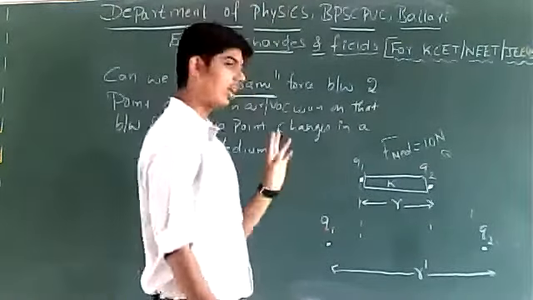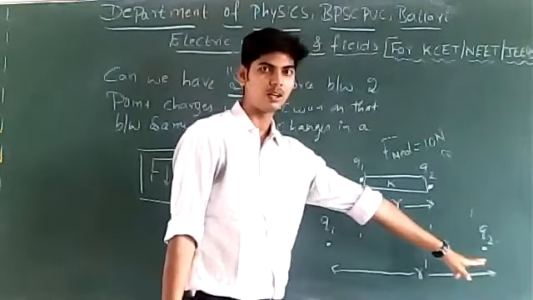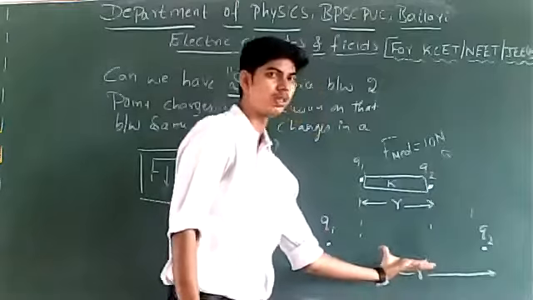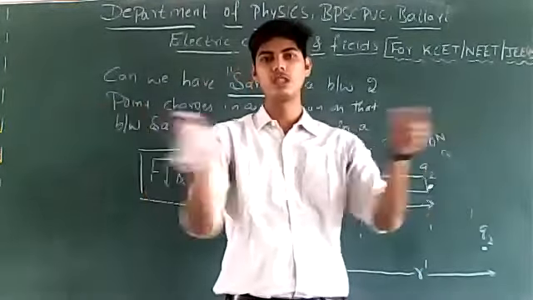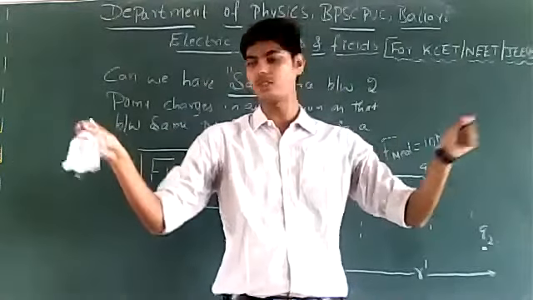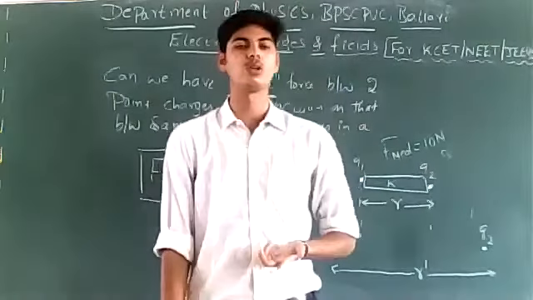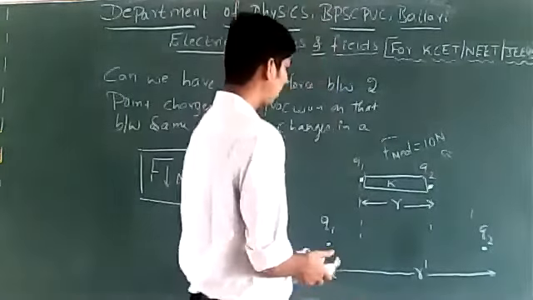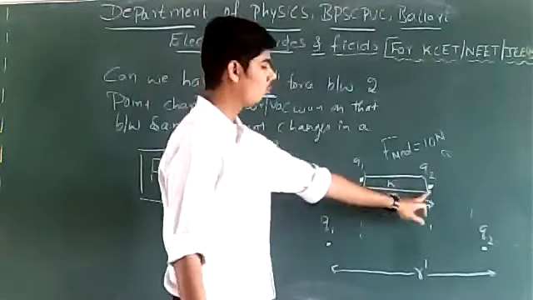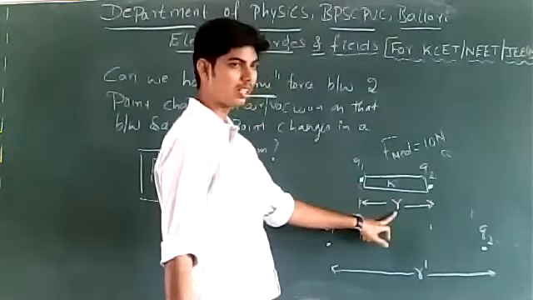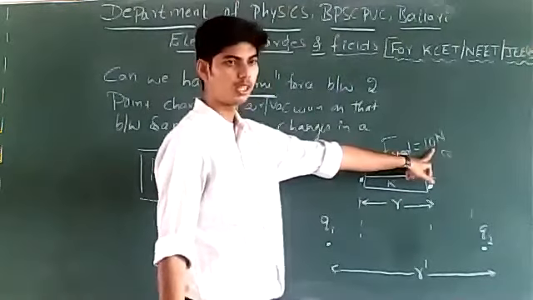So I can maintain the same force between two point charges in air by increasing the distance between them. Earlier it was distance r, now it is distance r dash. If you increase the distance between the two charges, the force between those two charges is going to decrease, right? So when the two charges q1 and q2 are separated by distance r in presence of a medium, the force between them is 10 Newton.